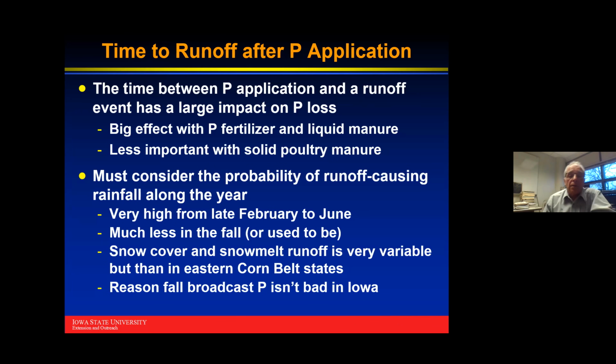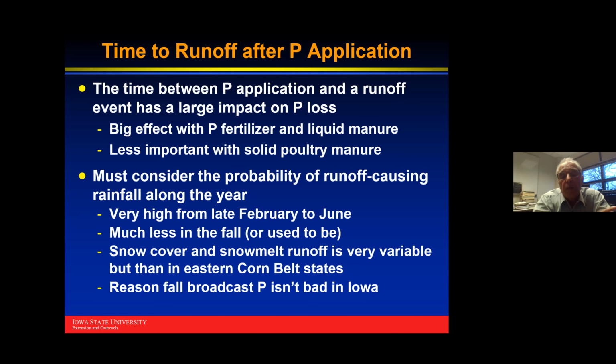The other thing that we investigated a lot, mainly with rainfall simulations in the field until recently, is the timing of the runoff event after an application, and of course the tillage, okay?